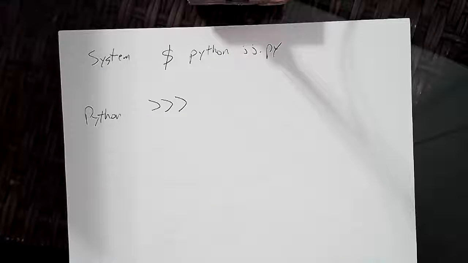It's almost like you're sitting at a different type of computer. You can quit this. To get from there back to the system prompt, you can do Control D, I think. Try it one more time.